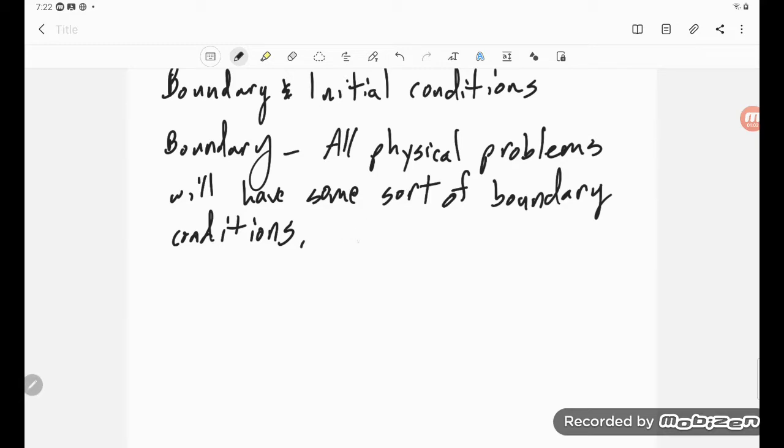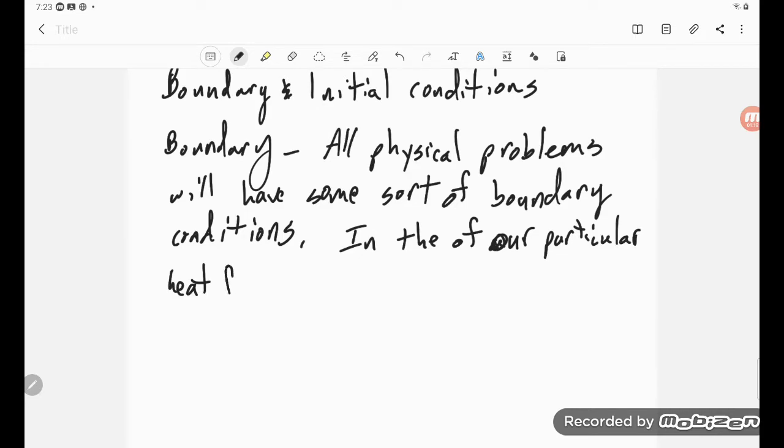And now, in the case of our particular heat flow problem, the boundary conditions are pretty straightforward.